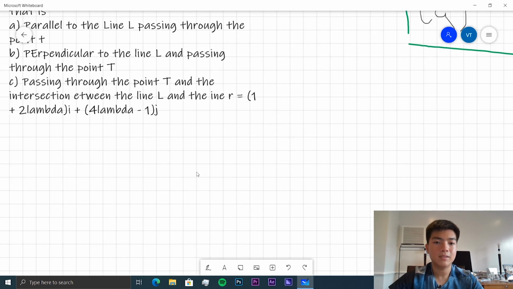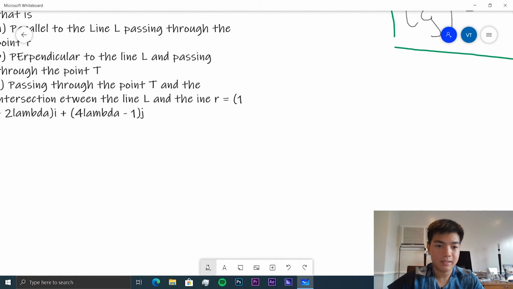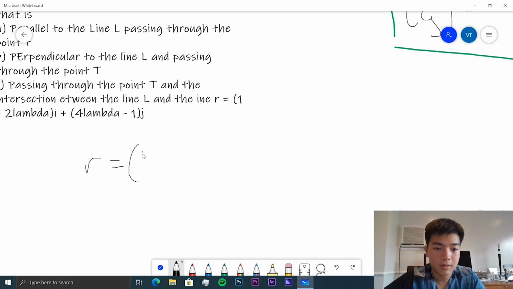And so finally, I think we have a slightly harder one. It passes through the point T and the intersection between the line L and the line R. So R is equal to (1 plus 2 lambda) i plus (4 lambda minus 1) j.